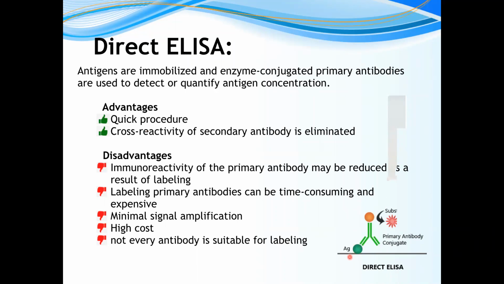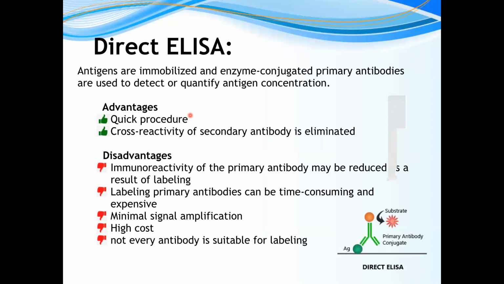So as you can see here, the antigen or analyte that we want to quantify is immobilized on the surface of the microwell or 96-well plate, and the labeled primary antibody is used to detect or quantify the antigen concentration.